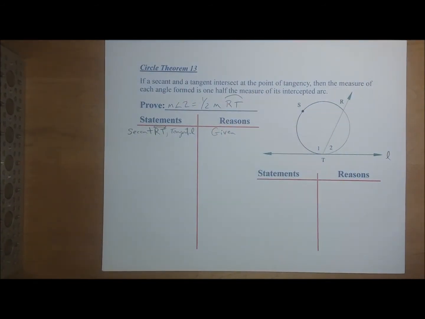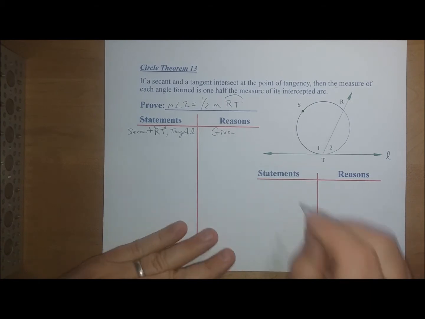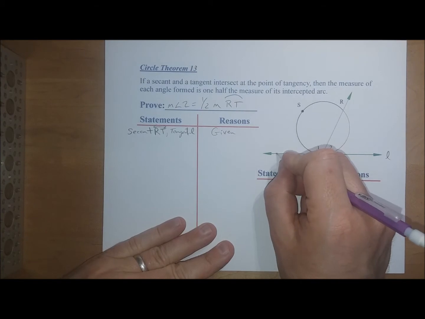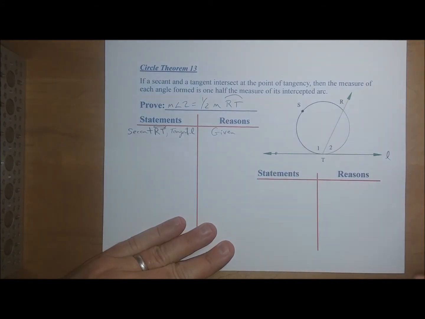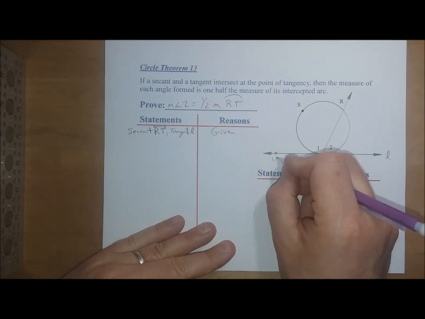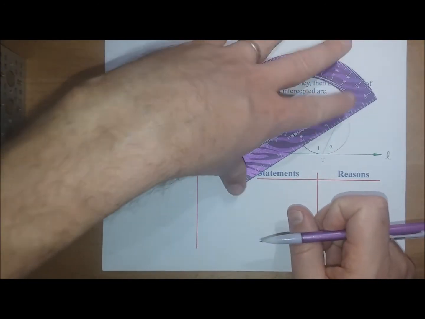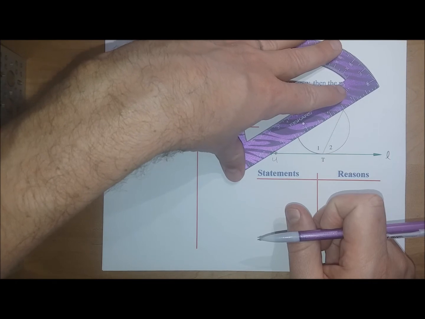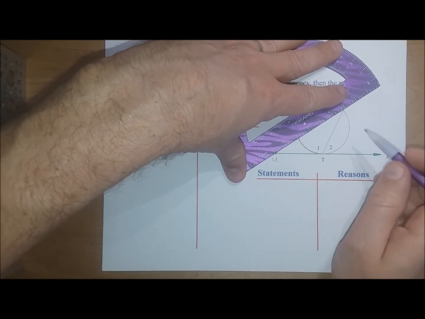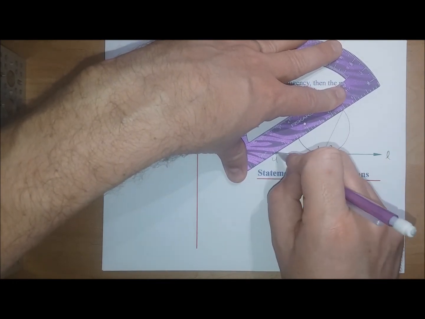Okay. All right. So the way I want to prove this is I want to just drop a point here on the tangent, and I'm going to call this point U. Okay. So that I can draw auxiliary line RU. I'm just going to do that. All right.